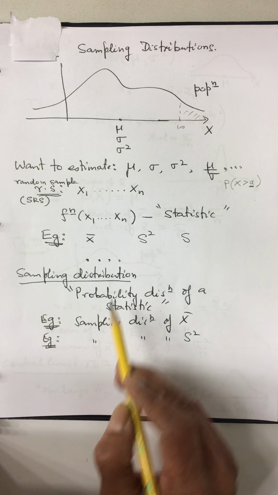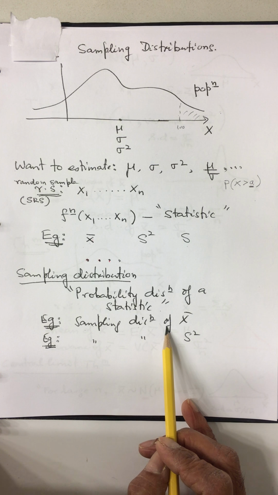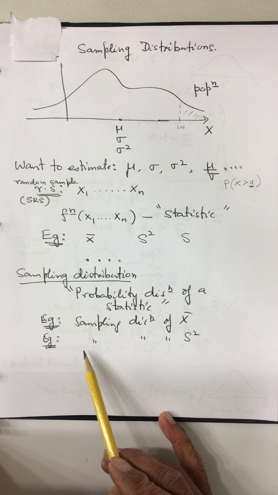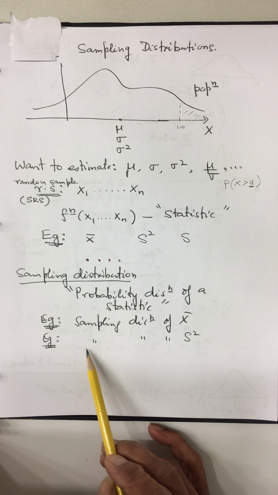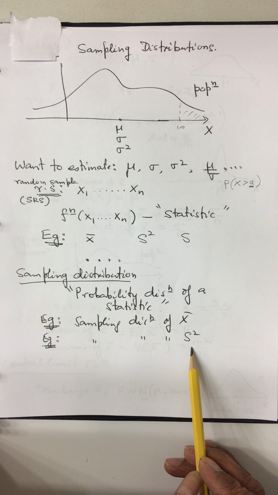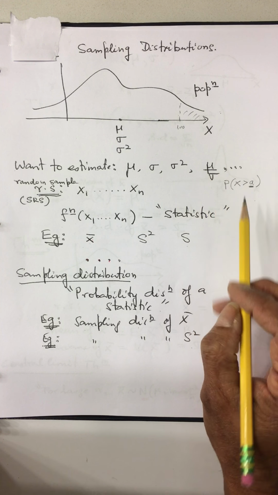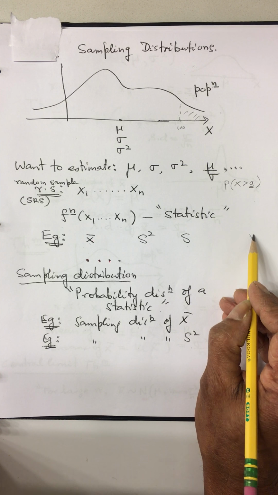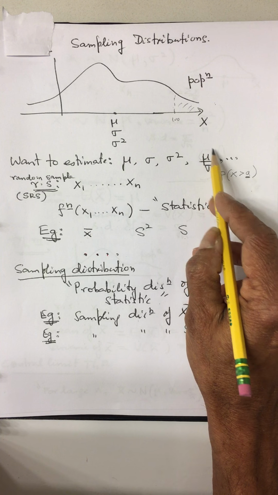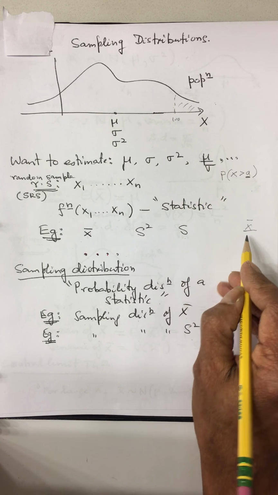If you are looking at the probability distribution of x bar, it's the sampling distribution of x bar. If you are looking at the probability distribution of s square, then you are looking at the sampling distribution of s square. Say for example, if you want to estimate that, you might think, how about replacing mu by x bar, and replacing sigma by s.